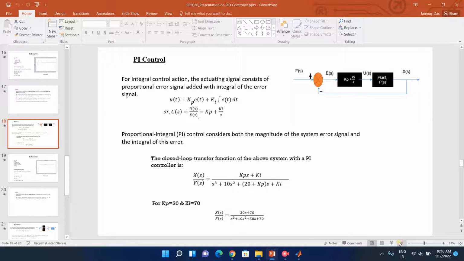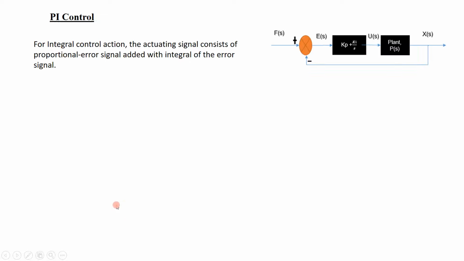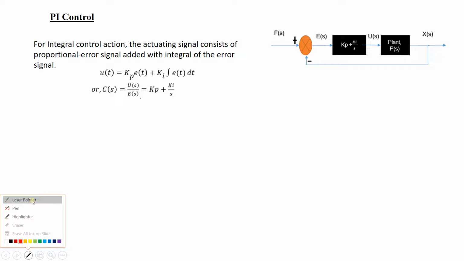As a result, you can see the input to the plant is U(s). The error multiplied by the proportional plus integral controller transfer function will give you U(s).